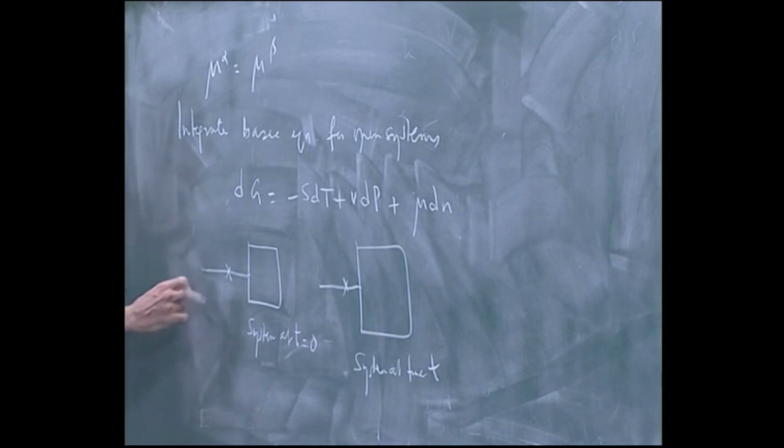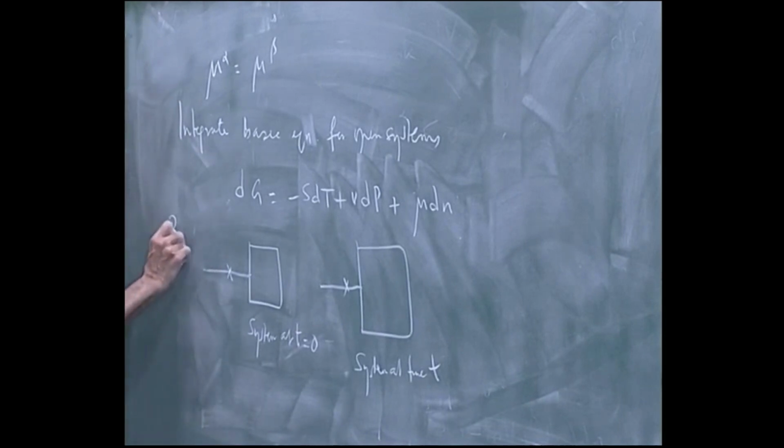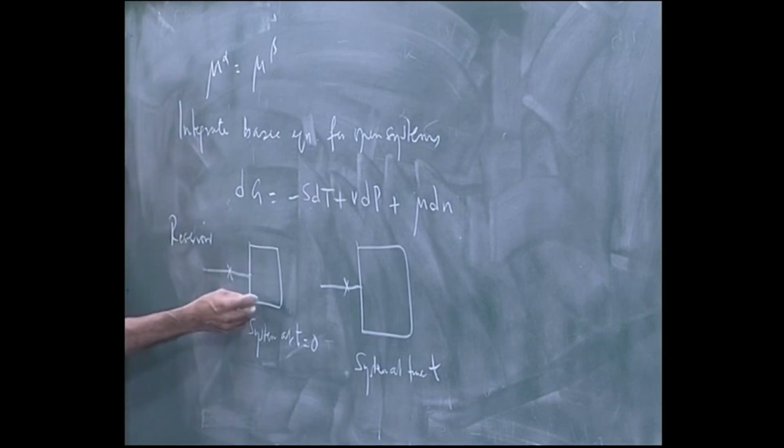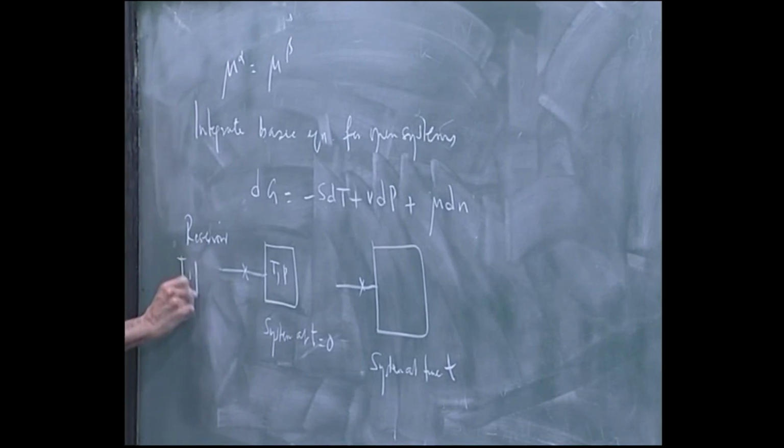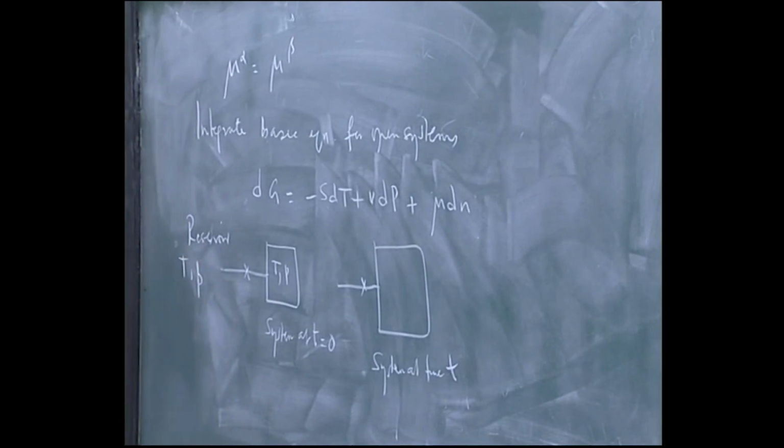Now what I am going to do is connect it to a reservoir. This contains fluid at some temperature T and pressure P. In the reservoir I have the same fluid at the same temperature and same pressure. My process is the following, the whole thing is a thought experiment.